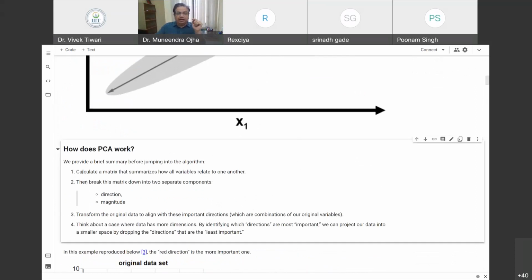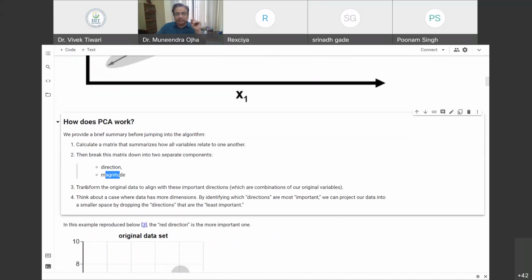So we calculate a matrix that summarizes how all variables are related to each other. Then we break it down into direction and magnitude. We take the most important directions and transform the original data to align with them, which are nothing but a linear combination of our original variables.